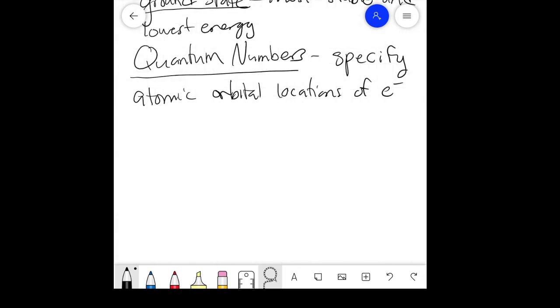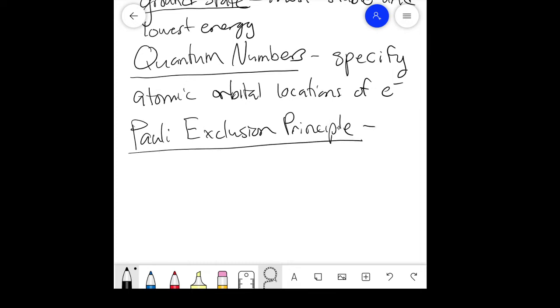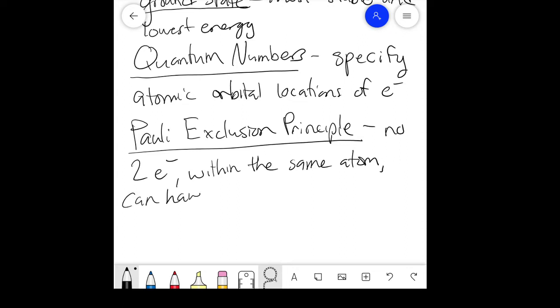So we have another principle, which is Pauli's exclusion principle. What Pauli's exclusion principle says is that no two electrons within the same atom can have the exact same four quantum numbers.